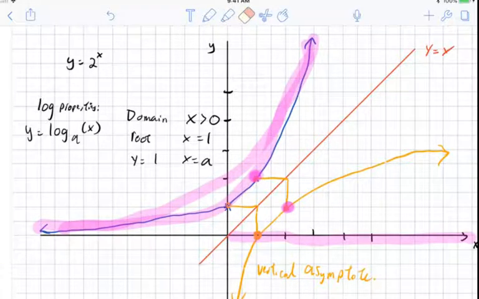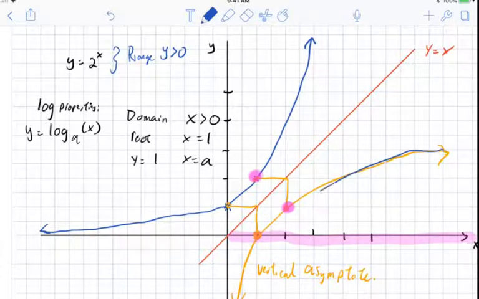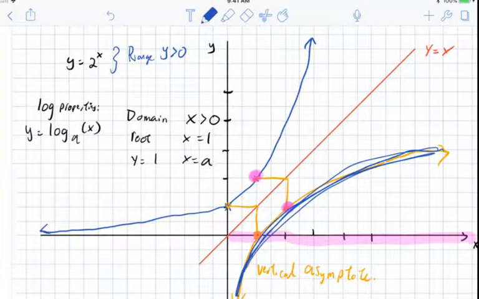Well, because of it, the range of our original blue function is y bigger than 0, right? And when I reflect it, make its inverse, the domain and range are going to switch order, right? So the domain of this function is only going to be x bigger than 0. It's because of these shapes, right?